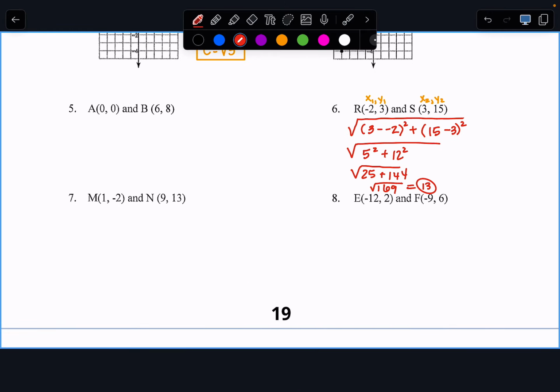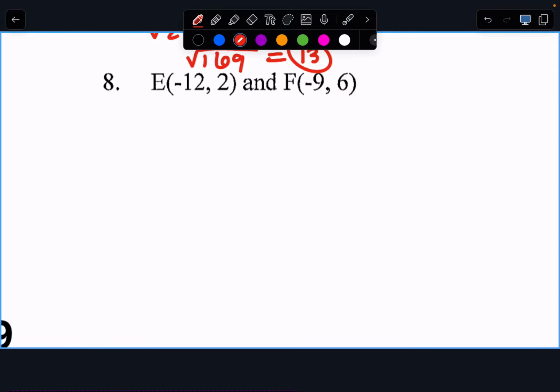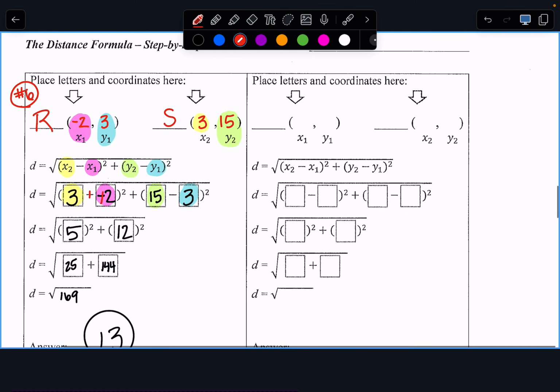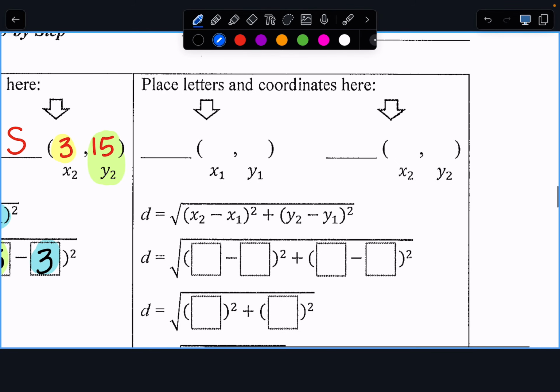And we are going to do number 8. Okay, so you decide, I'm doing this on the blue sheet or I'm doing this just in my notes. If you're doing it on the blue sheet, okay, we're doing number 8, right? And we have coordinate E is negative 12, comma 2, and coordinate F is negative 9, comma 6.